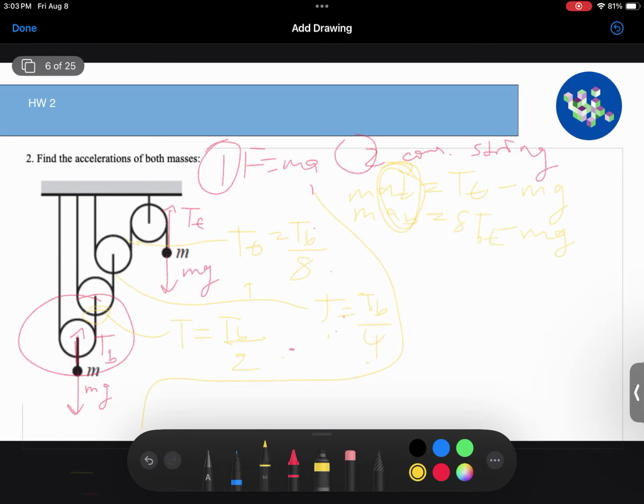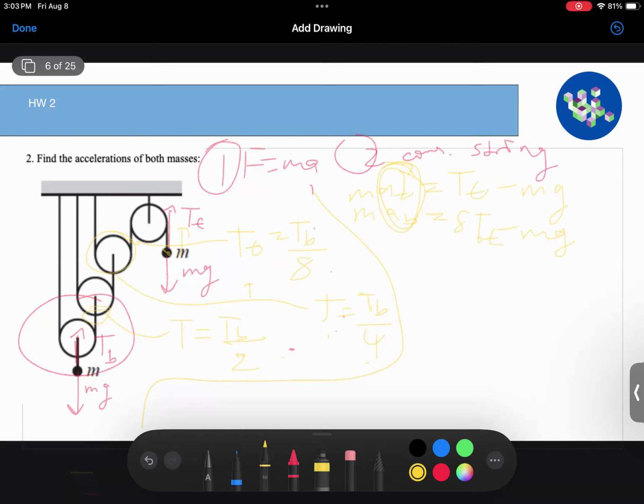Well, notice that if I'm looking at the top mass, if it travels up by a small amount, then this pulley wheel would travel down by half of that amount. Why do I say half?